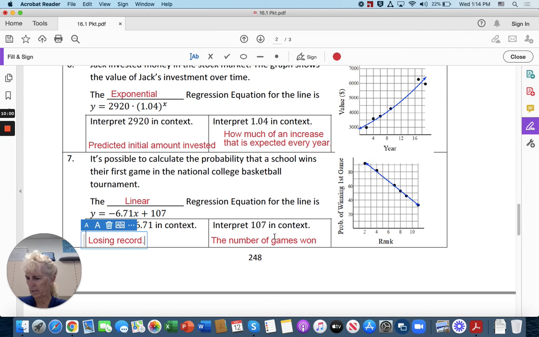So this is the probability of winning the first game if rank is 0.